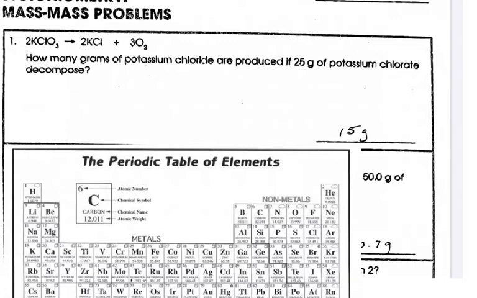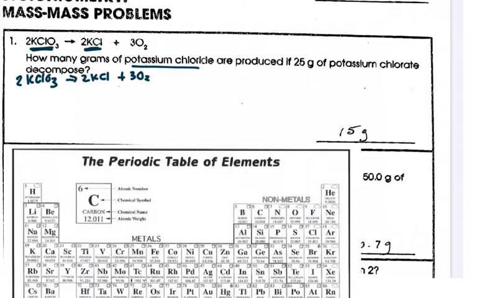This question asks how many grams of potassium chloride, so that's this one here, are produced if 25 grams of potassium chlorate, so that's this one, decompose. So I'm actually going to just rewrite this formula because I'm going to write underneath it to help me develop my path.